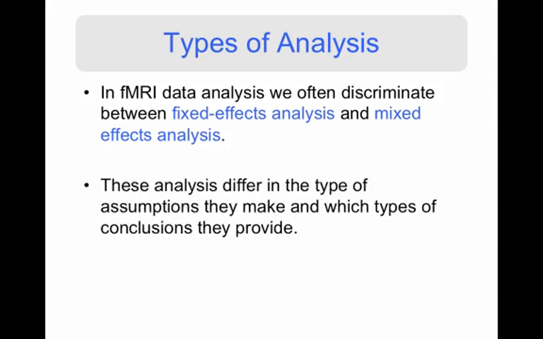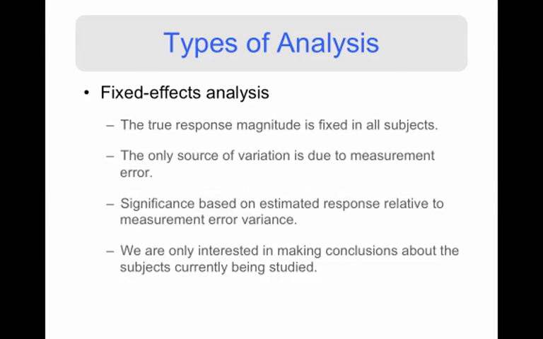These types of analysis differ in the type of assumptions they make, and also which types of conclusions they provide. For example, in a fixed effects analysis, we assume that the true response magnitude is fixed in all subjects. So we assume that all subjects in the study have the same beta value corresponding to some regressor which represents the signal of interest.